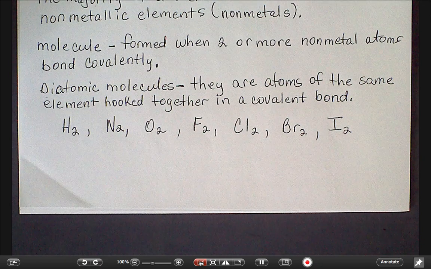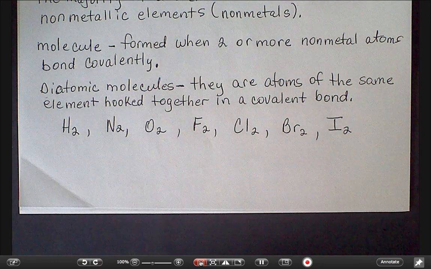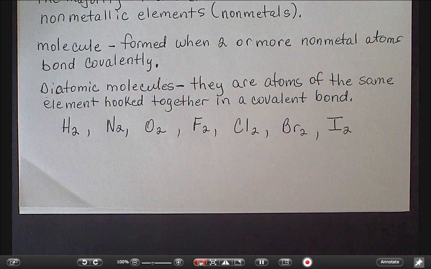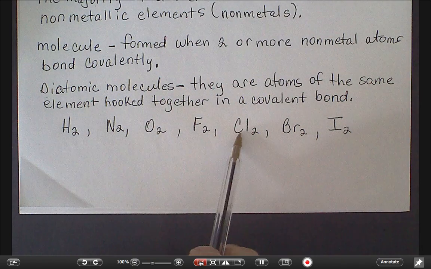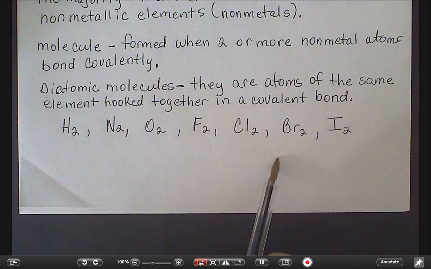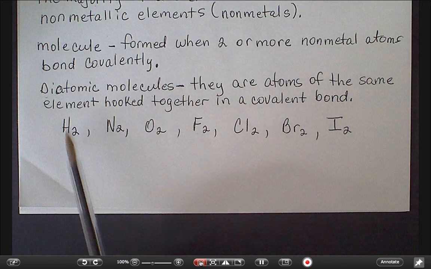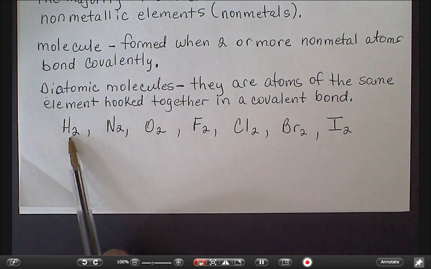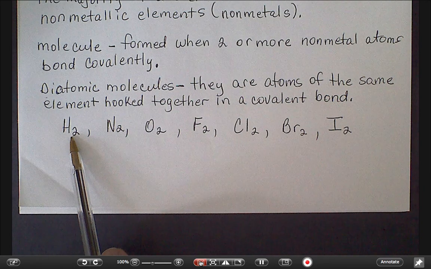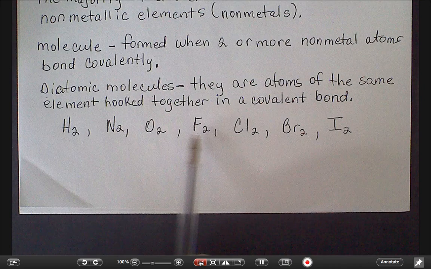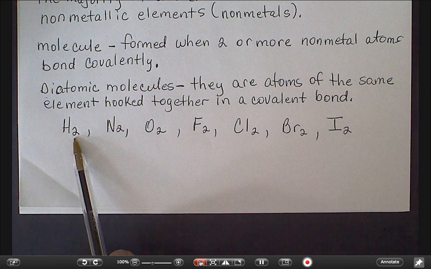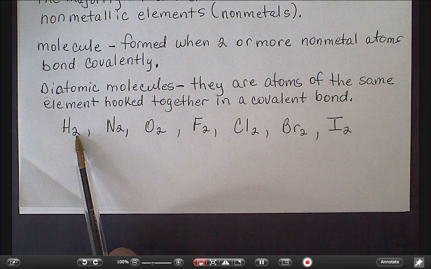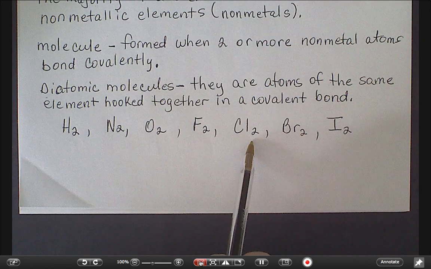Now these are very important because when we start chemical reactions, anytime you write any of these elements by themselves, not in a bond with another element, this is how it will always be represented. Always. You'll never just write H, it'll always be H2, N2, O2, F2. So if it says hydrogen in your chemical equation, you're going to write down H2, and so on, okay?